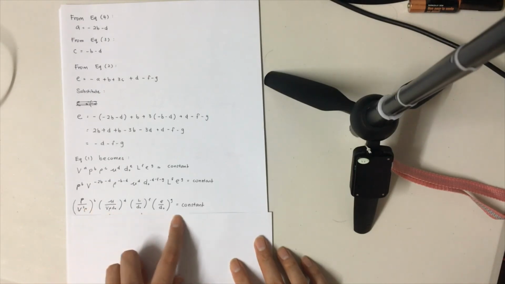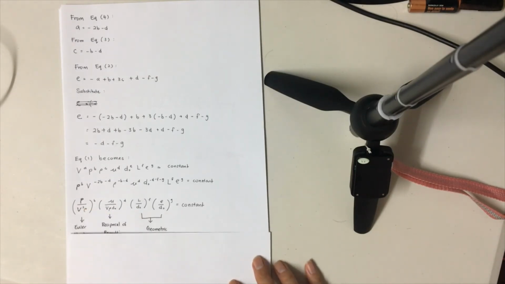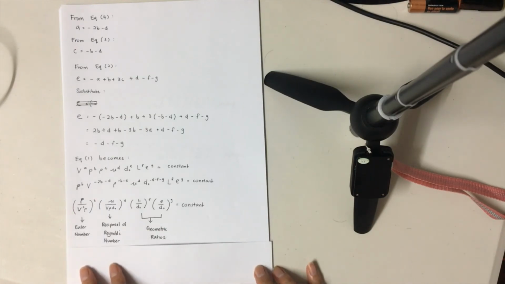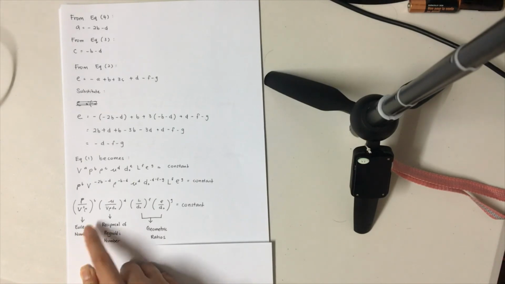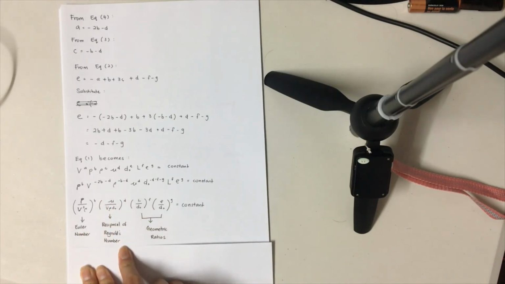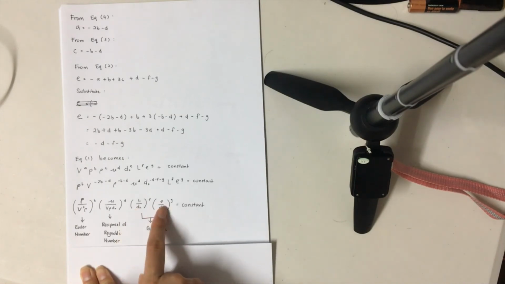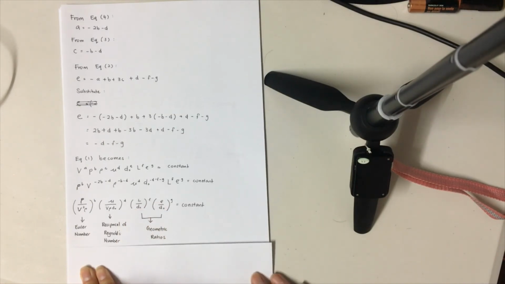The same thing goes over here, and thus we can get that this is actually the Euler number, and this group here is the reciprocal of the Reynolds number, whereas these two are the geometric ratios.